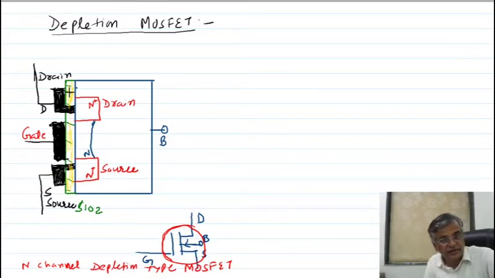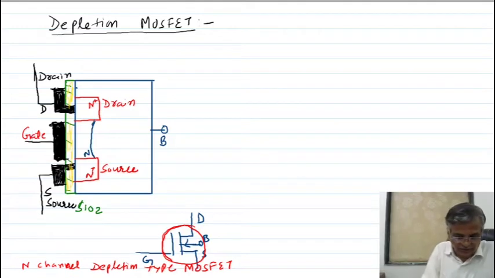Now let us see its working. Initially I am not giving any voltage to the gate. I am giving voltage at the drain.